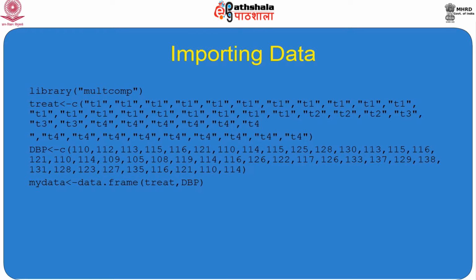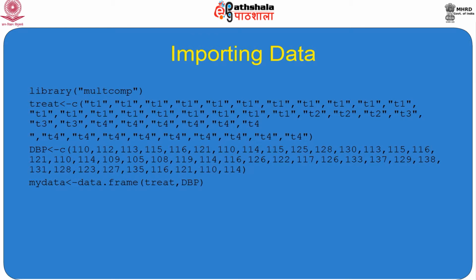This is the example data, and the analysis here we will perform with the library called multcomp for multiple comparison. When we have two treatment groups, it is easy to compare, but here we have taken 4 therapies, denoted as T1, T2, T3 and T4, which are the treatments or arms provided to the patients to reduce their blood pressure.